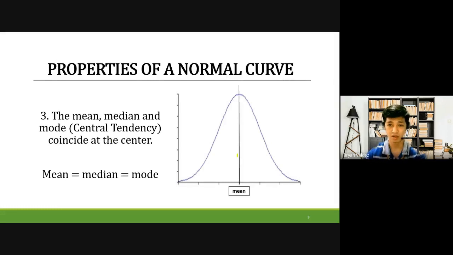Sa isang normal curve, yung mean, median, mode, siya yung kailangan na nasa center. Kaya nga siya tinawag na central tendency. However, pag nag-graph tayo using a normal curve, most of the time, ang kinoconsider lang natin is yung value ng mean. So, the value of the mean will determine what is the center. Okay, where is the center of the normal curve?